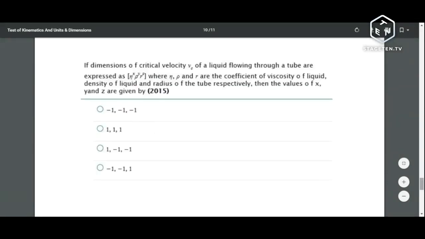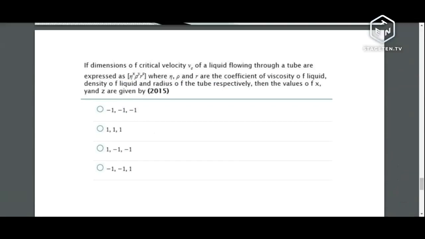If the dimensions of critical velocity Vc of a liquid flowing through a tube are expressed as eta^x rho^y r^z, where eta, rho and r are the coefficient of viscosity of the liquid, the density of the liquid, and the radius of the tube respectively, then the values of x, y, z are given by. Please try to answer this.